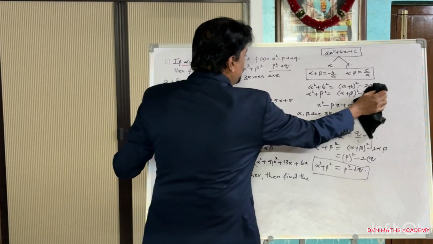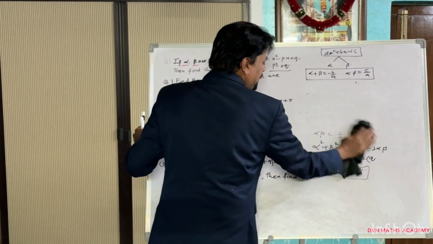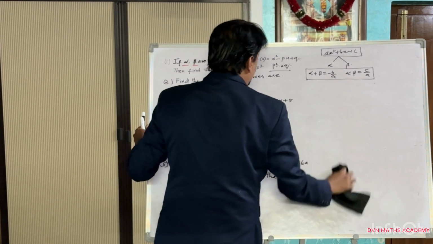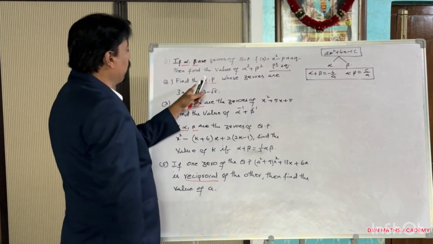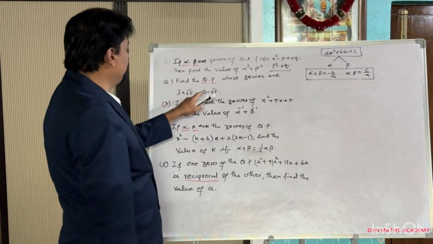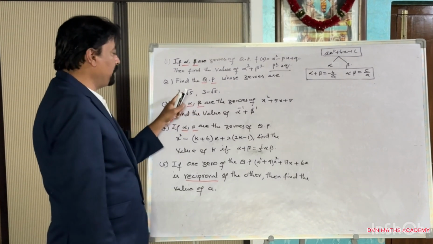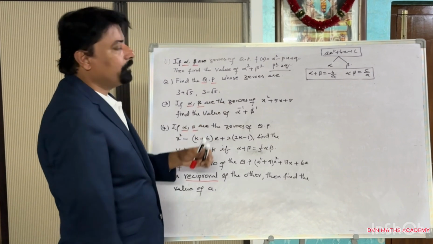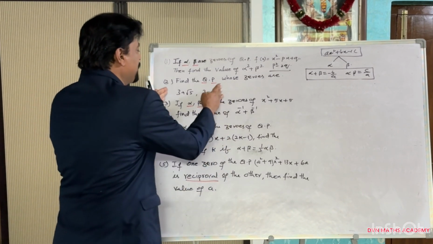If I go for the second question, this is also one of the important pattern questions. The zeros of the quadratic polynomial are given: one zero is 3 plus root 5 and another zero is 3 minus root 5. You are required to form a quadratic polynomial using these zeros.